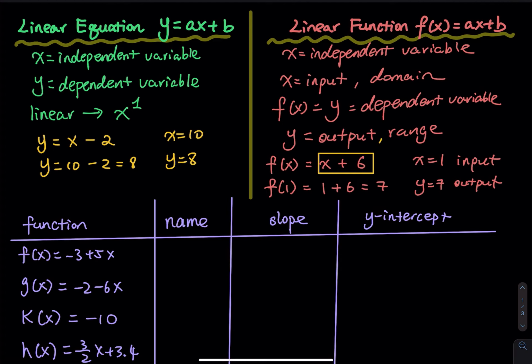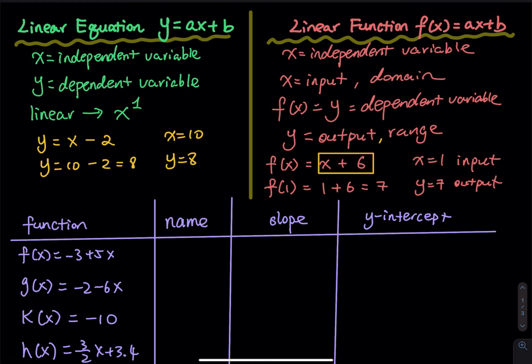So x equals 1 is your money, x plus 6 is the machine, and then y equals 7 is your output. You input 1 into the machine, it will just add 6 to it and then give you an output. So y equals 7 is an output. And then what is the name for? So the f of x, f is the name of the function.